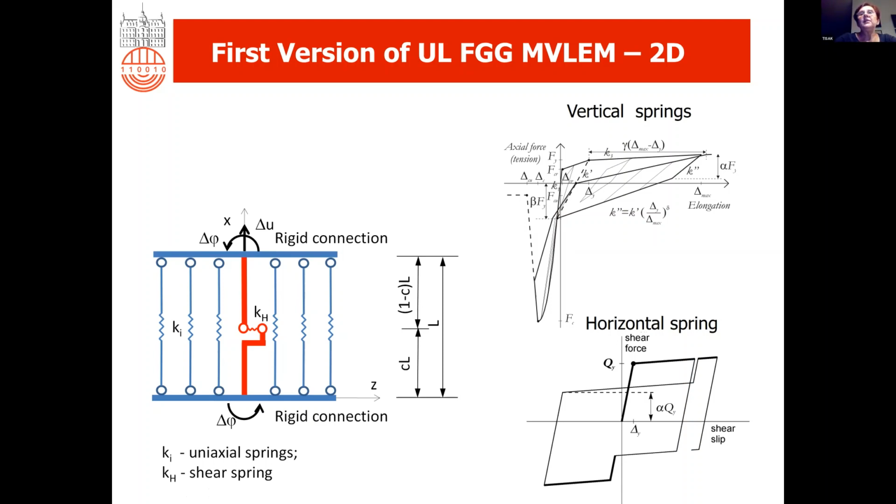So this is the main difference regarding the rest of the elements of this type, and regarding also this element which is already included in the original version of OpenSees. It's available on the UC Berkeley site.